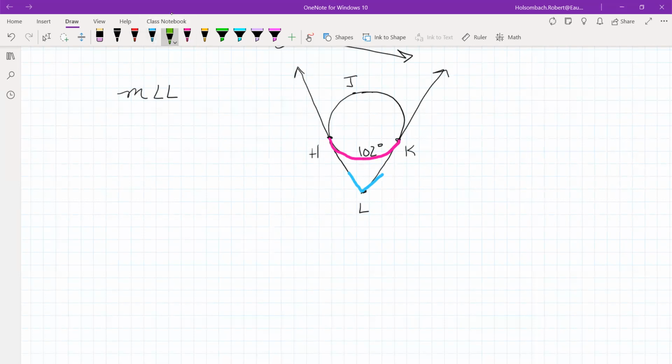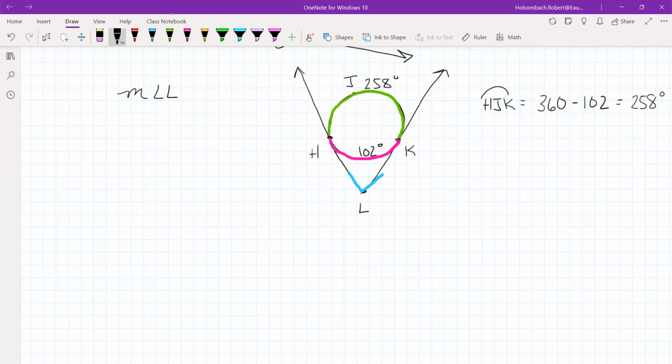Well, this is our big arc. What's the sum of our big arc and our little arc? It's 360 because they form a circle. So arc HJK is equal to 360 minus 102. And 360 minus 102 is 258. So this arc is 258.